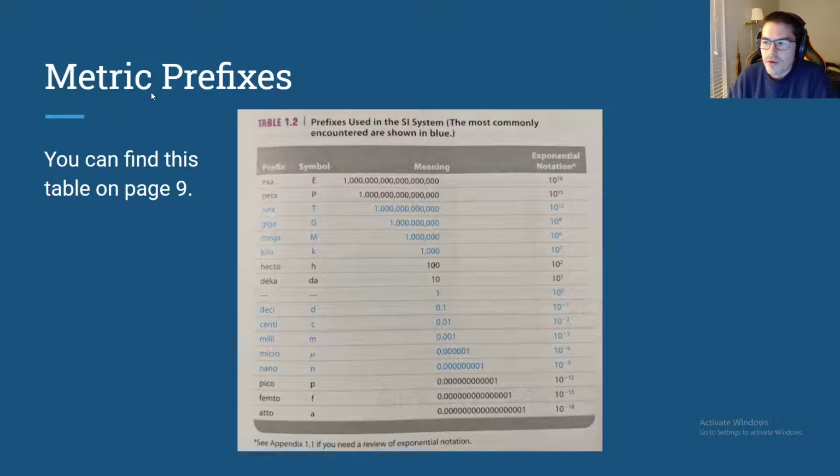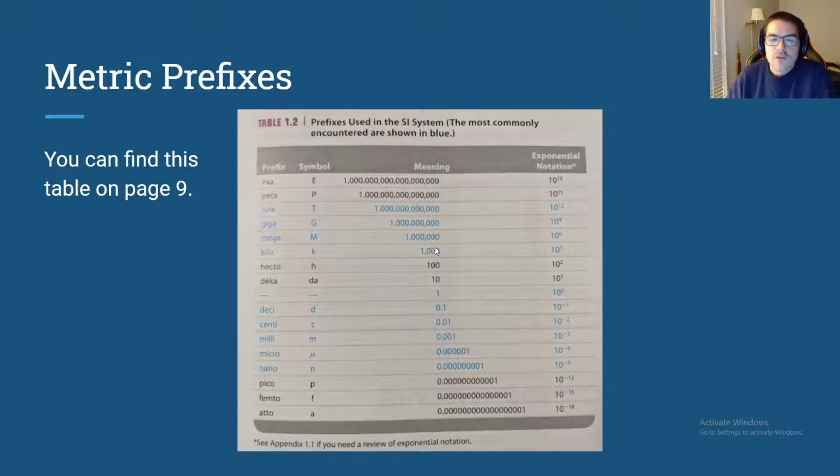Because if you grow up in France or Germany or China or Australia, you would already know some of these things, and these would be like second nature. You wouldn't even have to think about it. But for us in the United States, we don't use these prefixes on a regular basis. Some of them you're going to recognize, but it's just a little bit trickier for us.